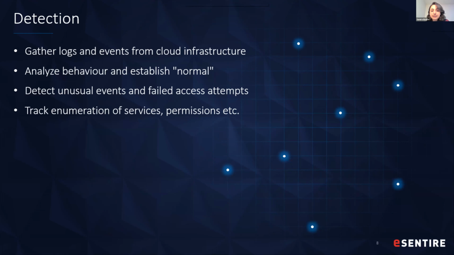Labeling data as malicious or benign requires analyzing behavior, detecting unusual events, and failed access attempts. But we have to consider misconfiguration too. We have to keep track of the enumeration of services, resources, permissions, and users, and compare to expected behavior.